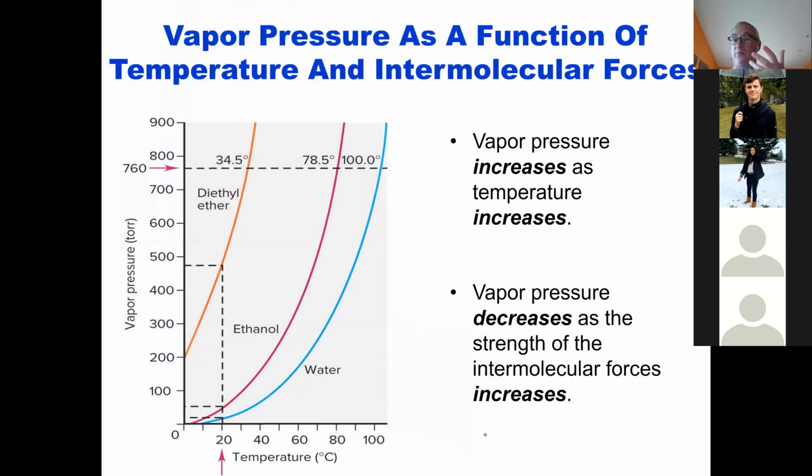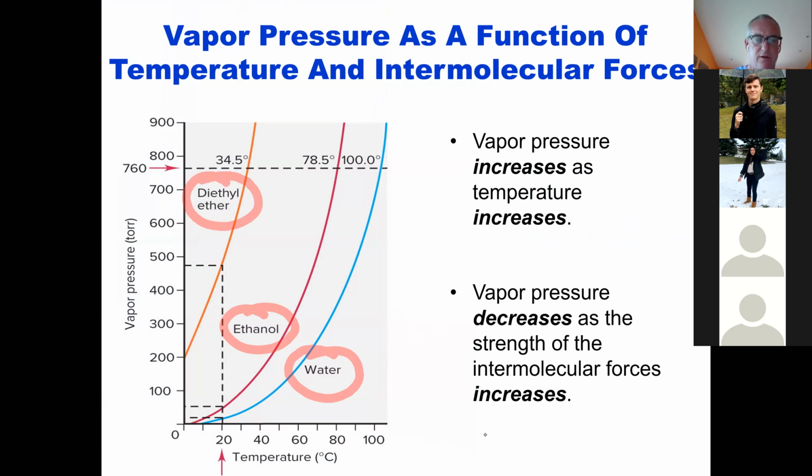So vapor pressure: we can measure how much intermolecular force there is between molecules just by looking at the vapor pressure and the boiling point. Here are 3 liquids: water, ethanol, and ether. Diethyl ether looks like this.